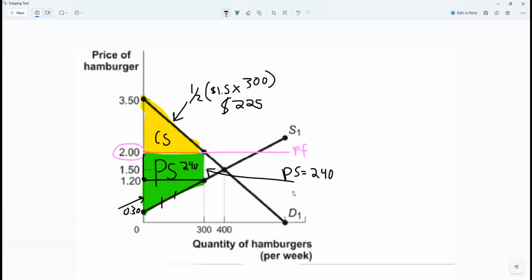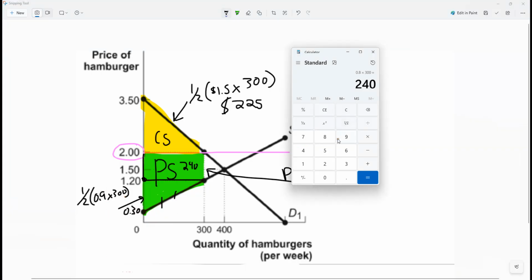So the triangle part here would be 30 cents up to 120. So that's going to be 90 cents times 300.